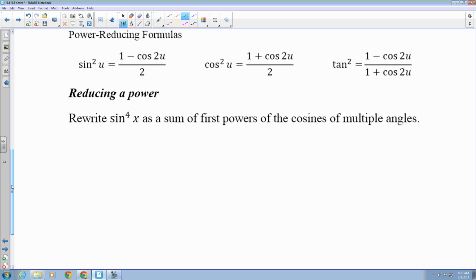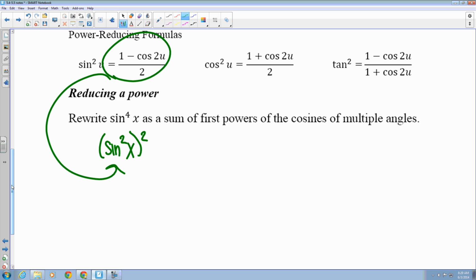So sine to the 4th is the same thing as sine squared, squared. It's our first step to recognize that. And then I can use the formula for sine squared, pop that in there, squared. I'm going to pull out the 1/4, which can come out by squaring.